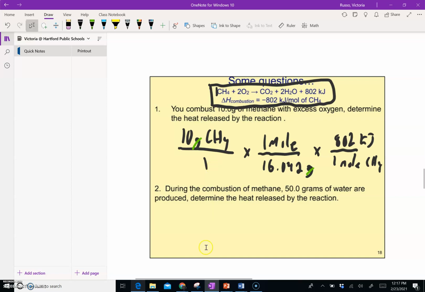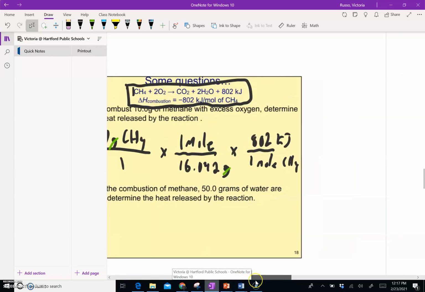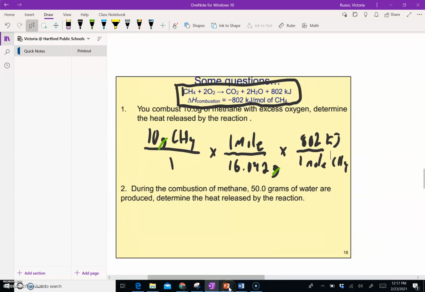So this math would be 10 divided by 16 times 802, and it comes out with sig figs to be 500 kilojoules. Again, here you're using the enthalpy, or the delta H, as a conversion factor.